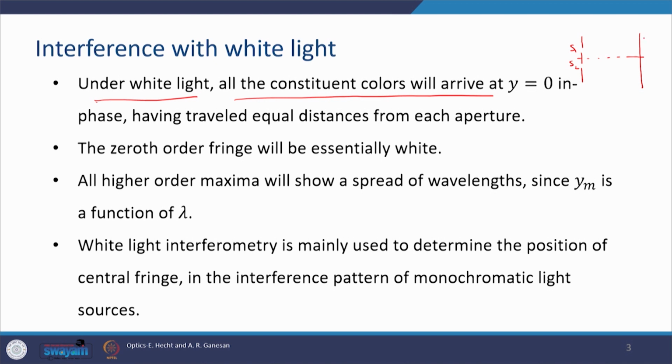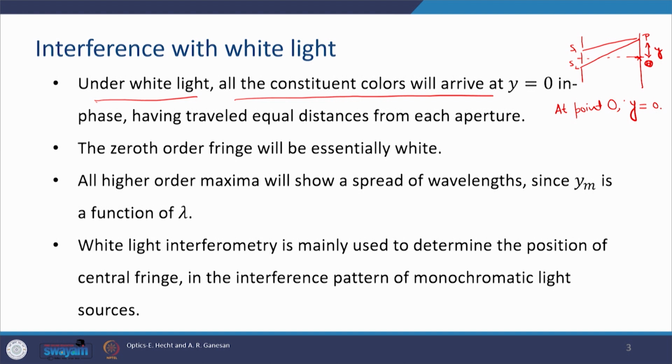There was some point P where we were observing the fringe pattern, and this P was at a distance y from O, the center of the screen. At point O we were having y equal to 0.